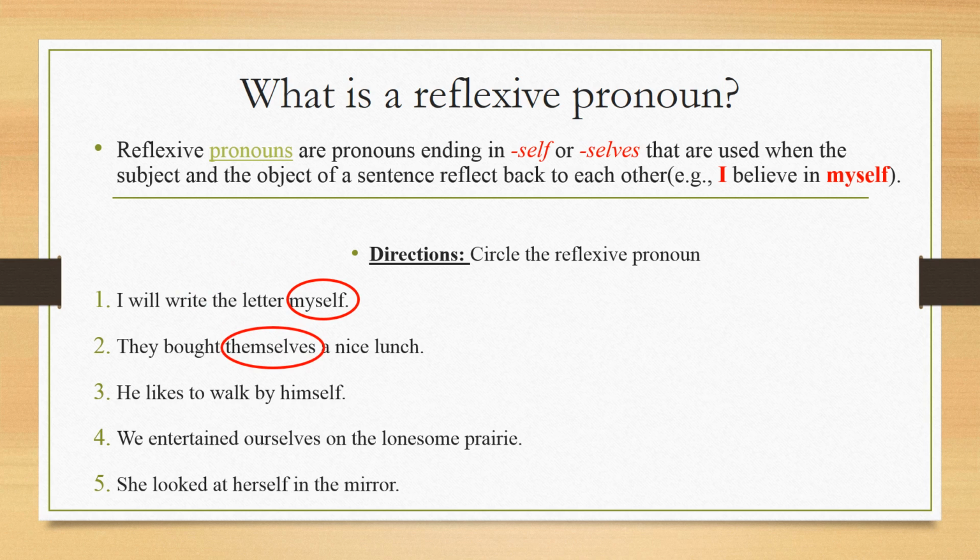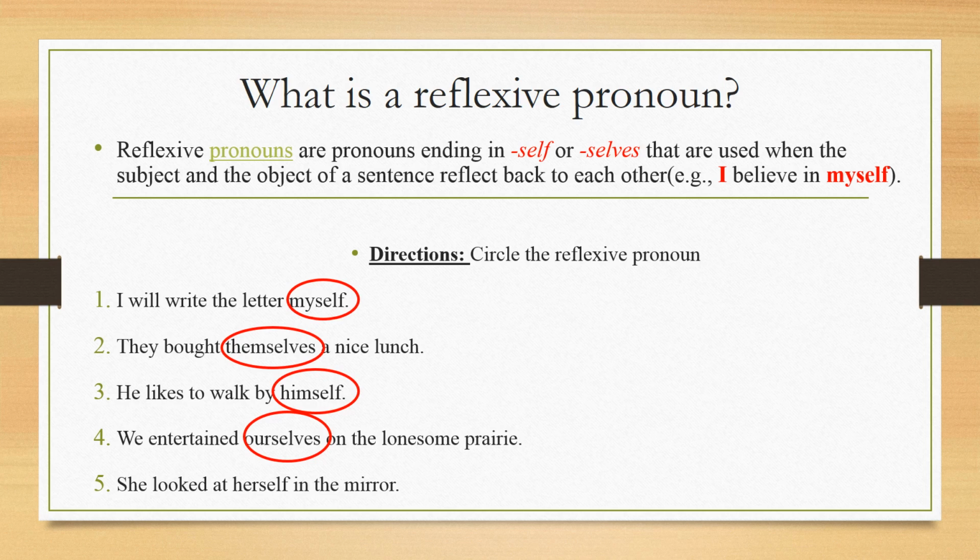Number 3. He likes to walk by himself. Himself is the reflexive pronoun and it reflects back to he. Number 4. We entertained ourselves on the lonesome prairie. Ourselves is the reflexive pronoun and it reflects back to we.